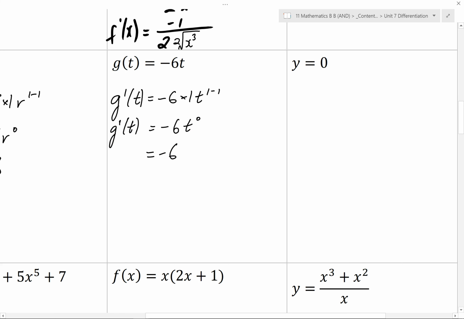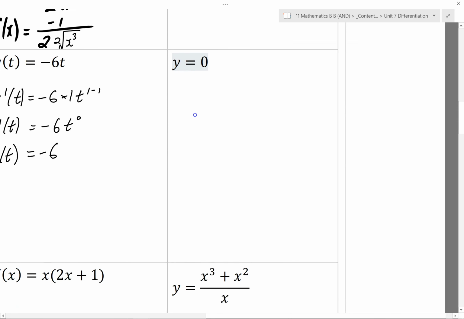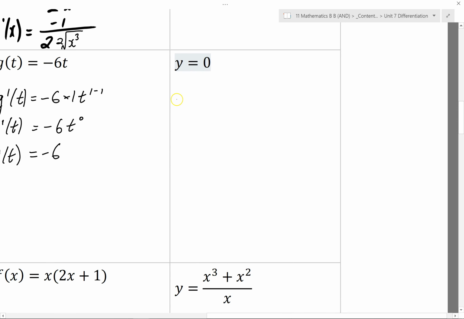Try and get in the habit of writing the derivative in every step. If my function is a constant, even if the constant's 0, the derivative y dash or dy dx is still going to be 0. This one is just the line where y equals 0 on the x-axis. All of these points have slope of 0.